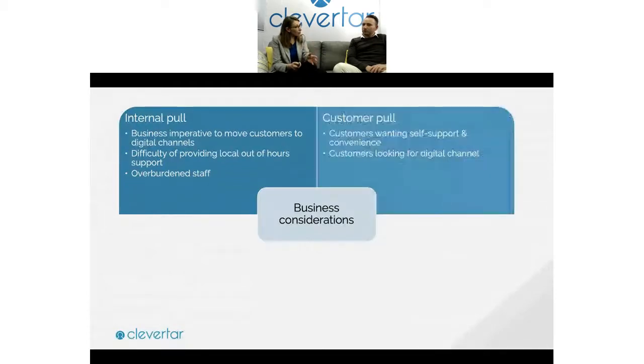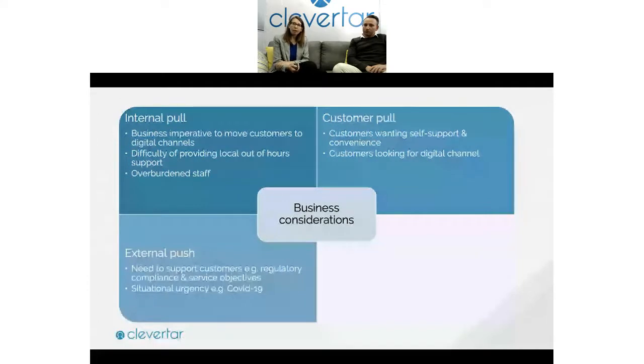Customers themselves are pulling in this direction. Customers are looking for digital solutions, digital engagement. They're assuming that those services are available, those channels. If there's an external push, now, we've really seen this in the COVID-19 scenario. Our customers have included, very urgently, COVID-19 content into their virtual agents.